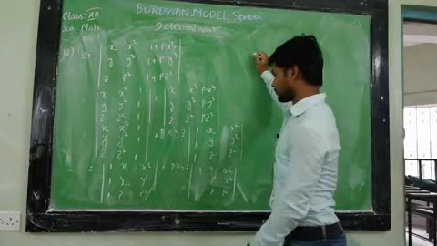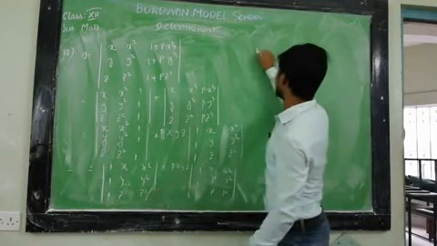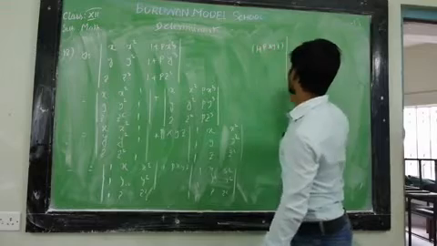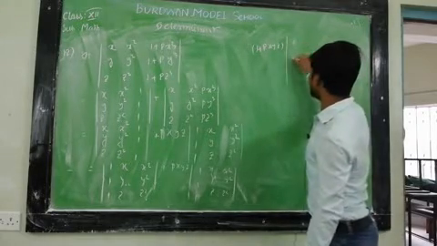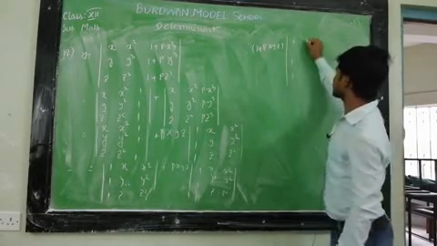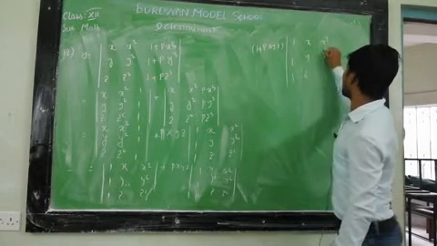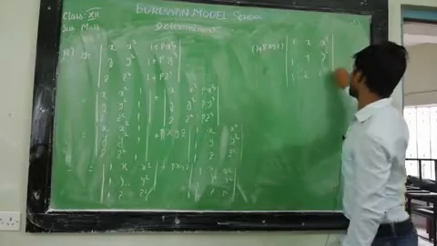That means from this determinant we can write 1 plus p xyz into the determinant of 1, 1, 1; x, y, z; x square, y square, z square.